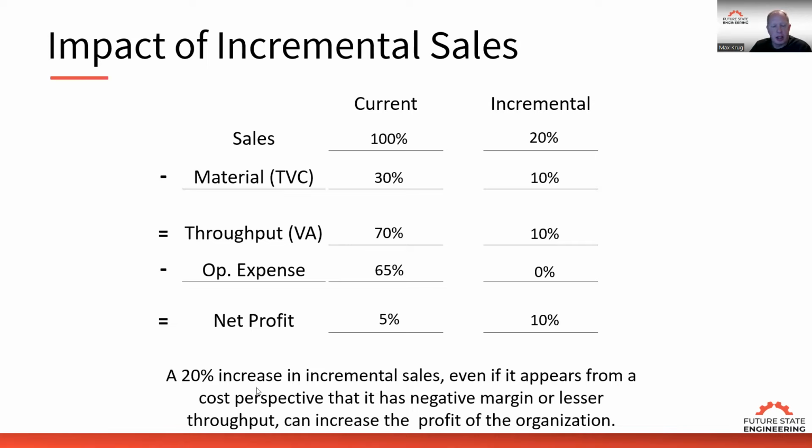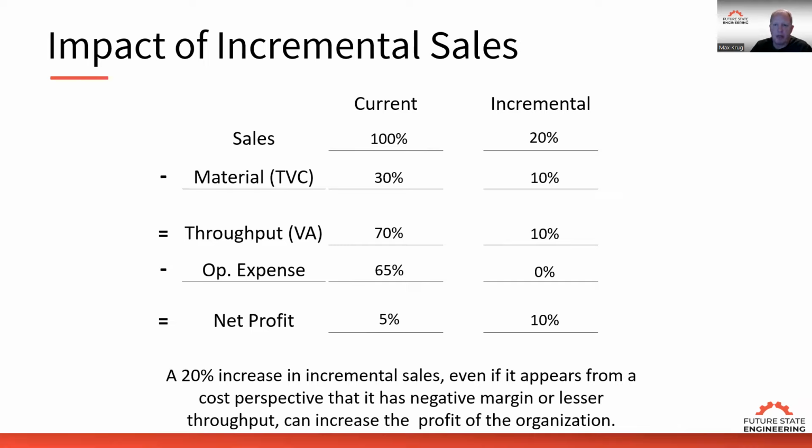So in this case, a 20% increase in incremental sales, even if it appears from a cost perspective to have negative margin or lesser throughput, can increase profit of the organization. In this case, we're going to increase it to 15%. If you add these two together, sales goes to 120, material goes to 40, 120 minus 40 gives us 80% throughput, no change in operating expense, and net profit goes to 15%.